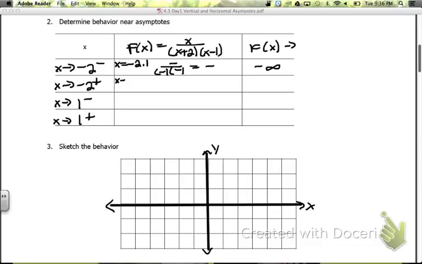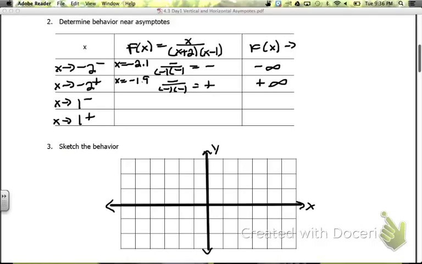Then x would be, say, negative 1.9. The values don't actually matter; I just take a value that is very close to our asymptote, just not the asymptote itself. So we have a negative over a negative times a negative, which gives us a positive. Therefore, our function will be approaching positive infinity.